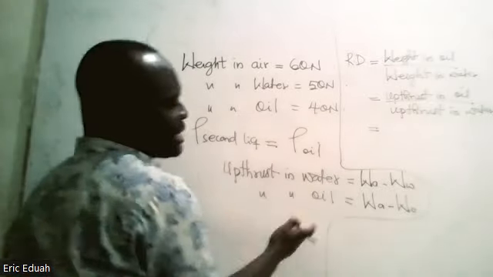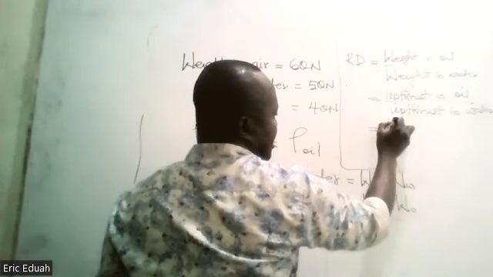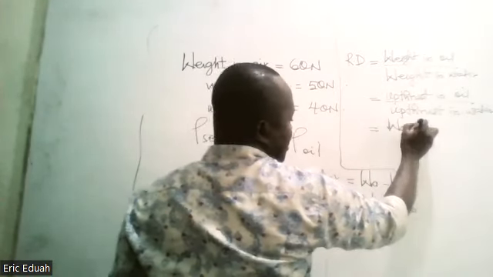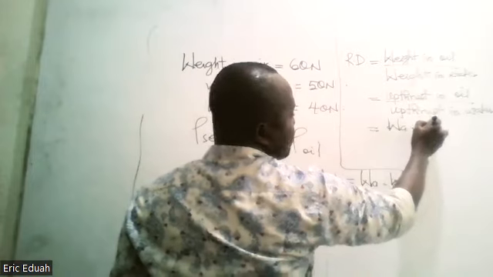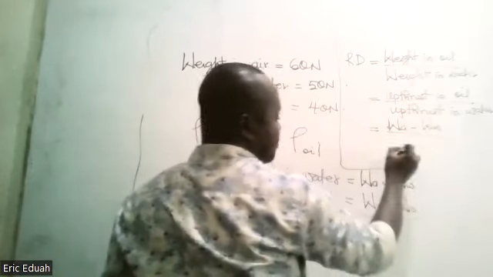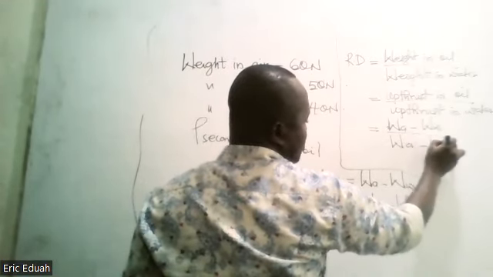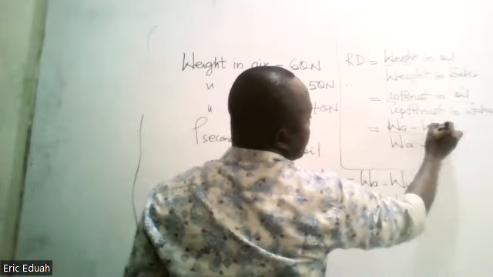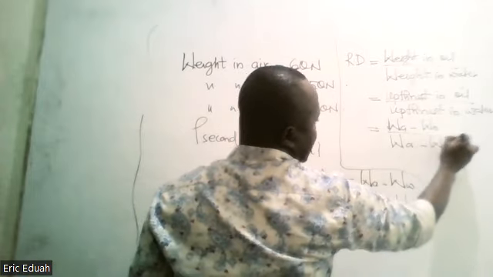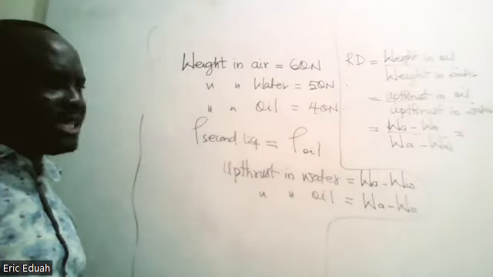So it's just a question of substituting this. WA minus WW over WA minus WO, sorry, O and then W in water. So put the values in to find the relative density.